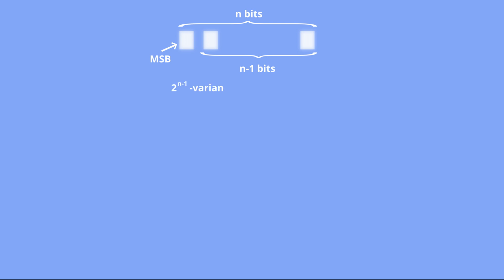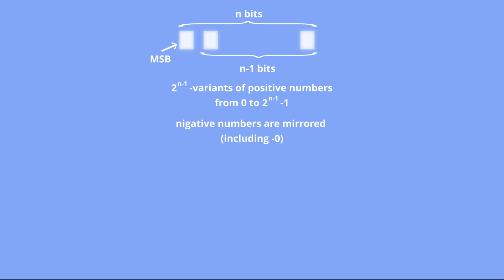Now let's calculate the range of values that can be represented with n bits using sign magnitude notation. So if we have n bits, one MSB bit is used for sign representation and n-1 bits are used for magnitude representation. Thus, we have 2 to the power of n-1 variants of positive numbers. We can represent numbers from positive 0 to 2 to the power of n-1 minus 1. Negative numbers are mirrored, of course including negative 0.